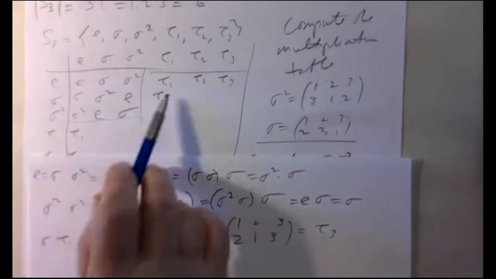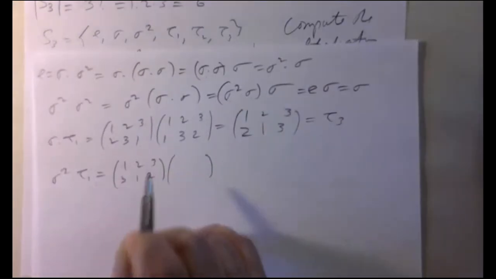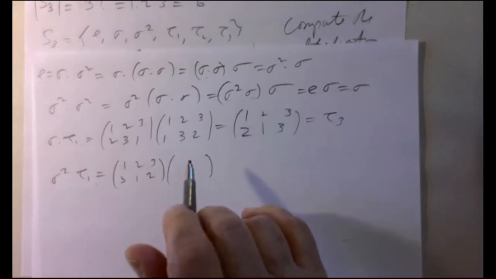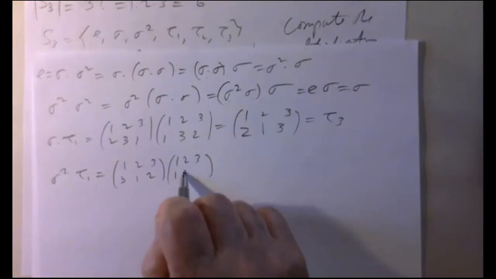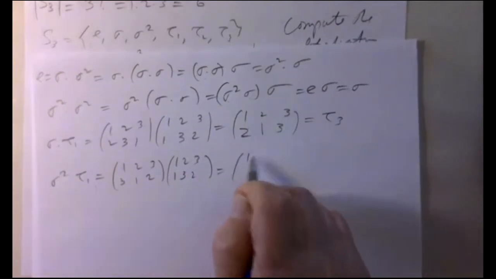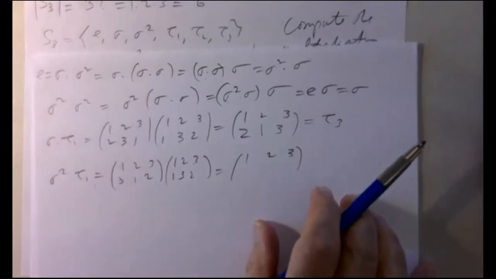What is sigma squared tau 1? Sigma squared is 3, 1, 2. Tau 1 fixes 1 and interchanges 3 and 2. So what is the composite? Yeah, is there a question?